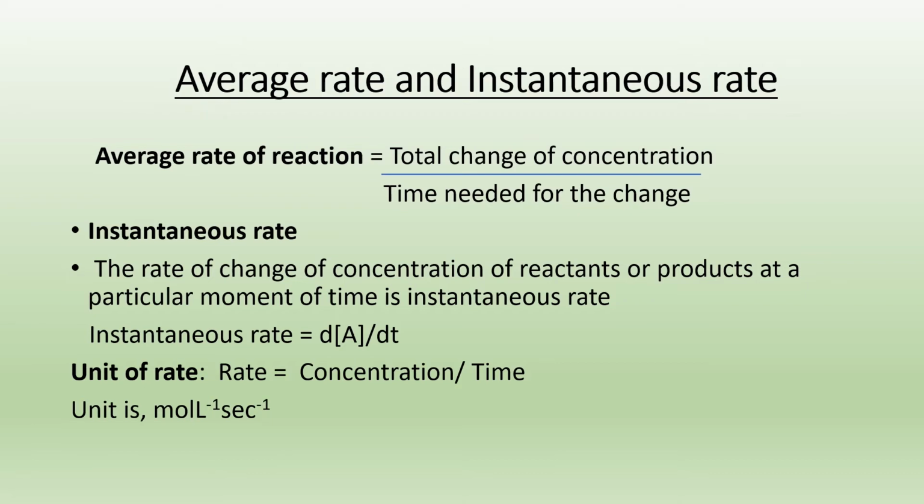So that is the advantage of measuring instantaneous rate. We can write instantaneous rate is equal to d[A] by dt. These are the two types of rate, average rate and instantaneous rate.